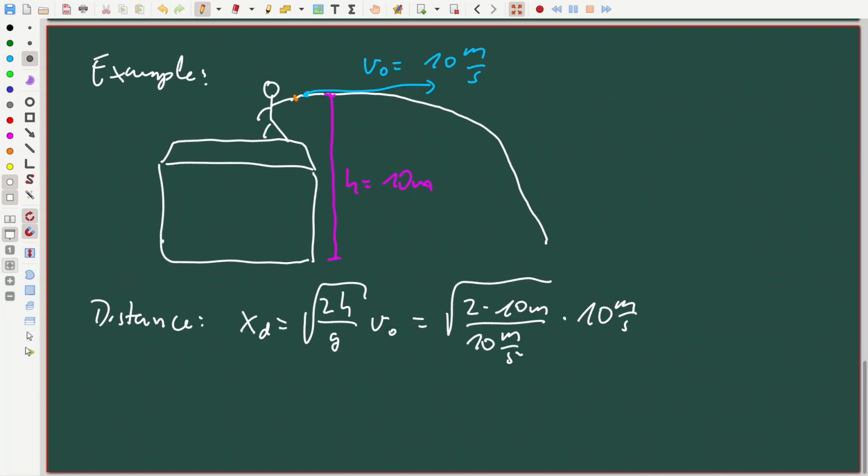And this is the reason why I think it's very nice to write it in such a way, because now we can cancel out these 10, which then leads to the square root of 2, times 1 over square second, which gives a second, times the second here gives directly a result of 10 meter. And now if we calculate our square root of 2, we get 1.4, which at the end results in approximately a distance of 14 meter.